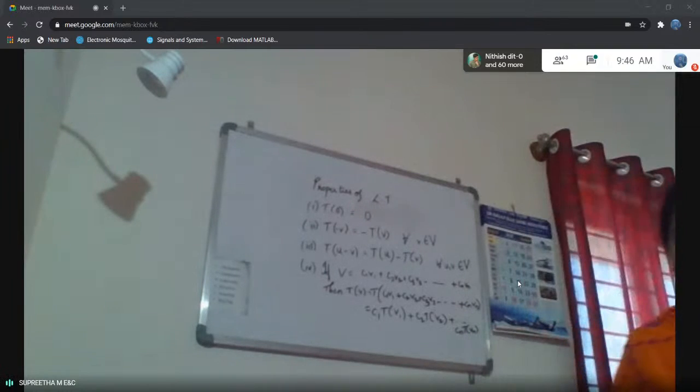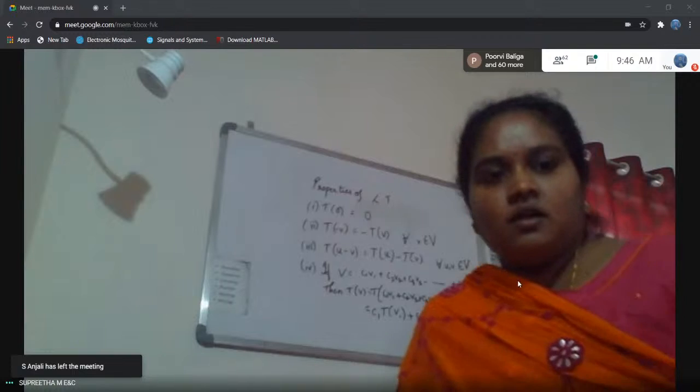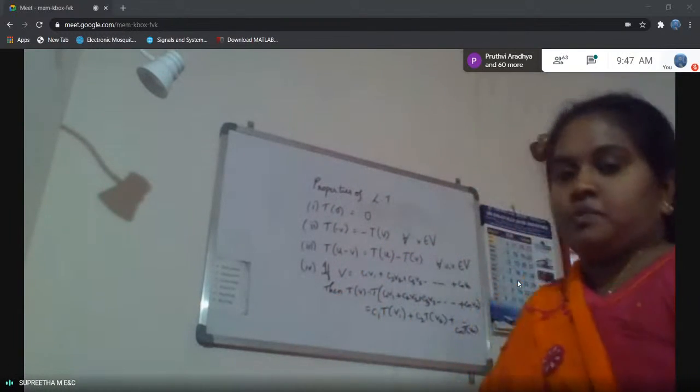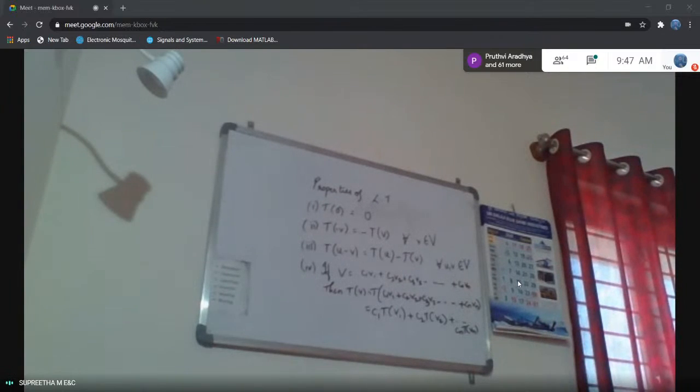Is it not the combination of both the scalar multiplication and the addition property of your vector space? Yes or no?